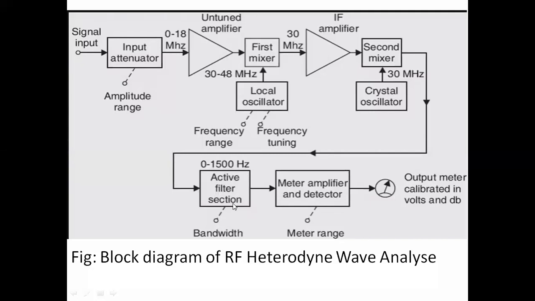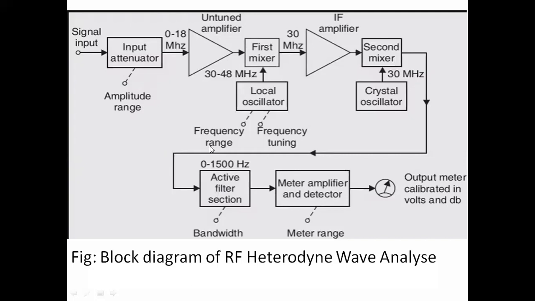To adjust the bandwidth, we use the active filter section. From here the signal will be sent to the meter amplifier, and the signal will be detected. Here, in place of a detector, we have a rectifier section.